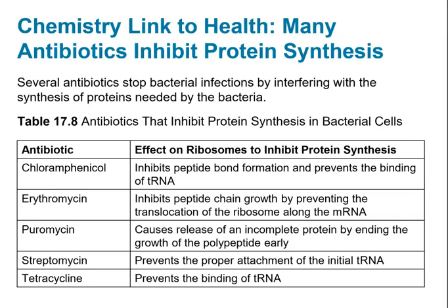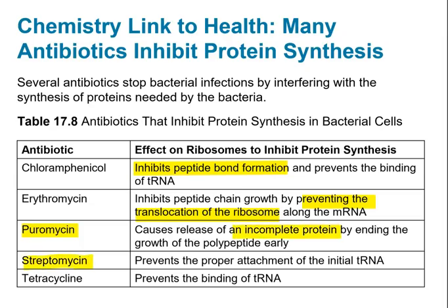So some examples: chloramphenicol inhibits peptide bond formation. Erythromycin prevents the ribosome translocation, so it can't move from one codon to another. Puromycin, incomplete protein is released, okay, early termination.